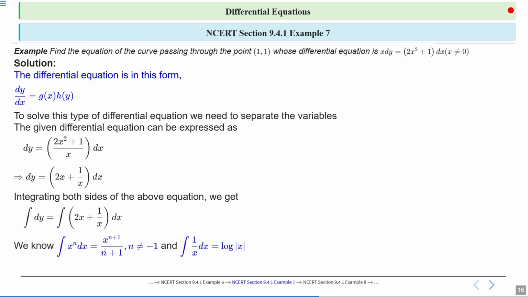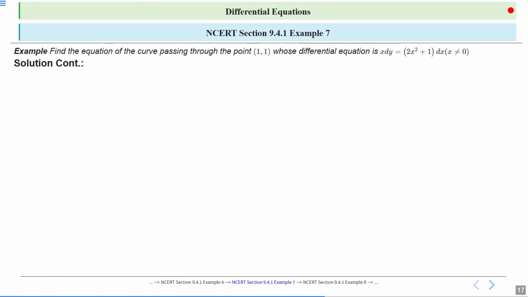And we know that integration of x^n is x to the power n plus 1 by n plus 1 when n is not equal to minus 1, and integration of 1 by x is log x. Using this formula, we have y is equal to x square plus log mod x plus c. And that is your general solution of the given differential equation.